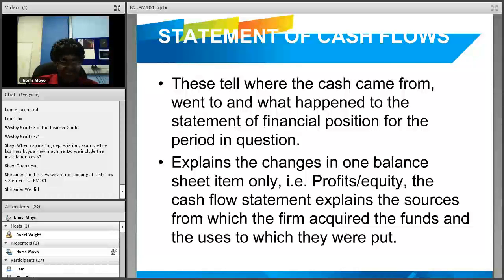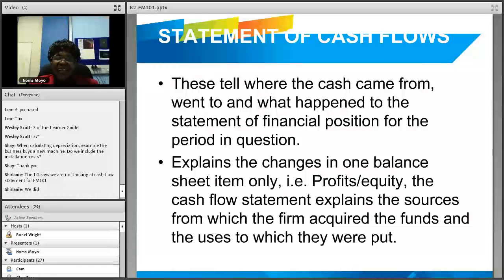Then it can be from investment activities where they've put their money in different investments, and that will be cash flows from investment, or cash flows into investment when they decide to expand this place, buy more machinery, buy more buildings, that is investment.